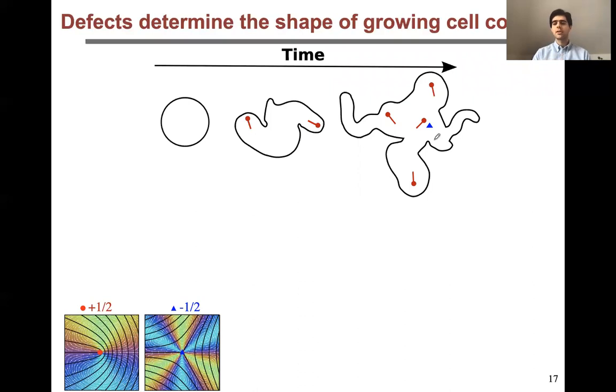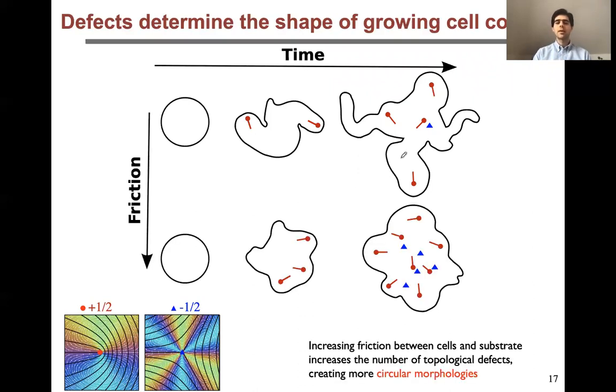If you increase the friction of these active bacteria with the substrate, then you get more topological defects and the shape of the colony becomes more isotropic because there are more defects that are moving around to the interface and you get more circular shape compared to the original case where you have a few defects, they move in different directions and then you have sort of anisotropic geometry.